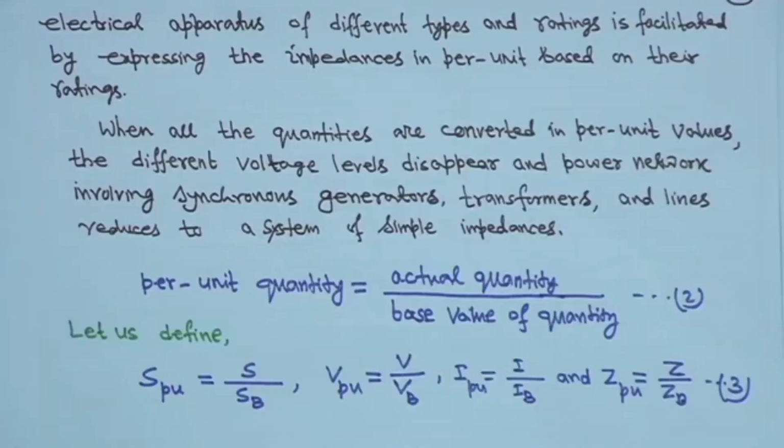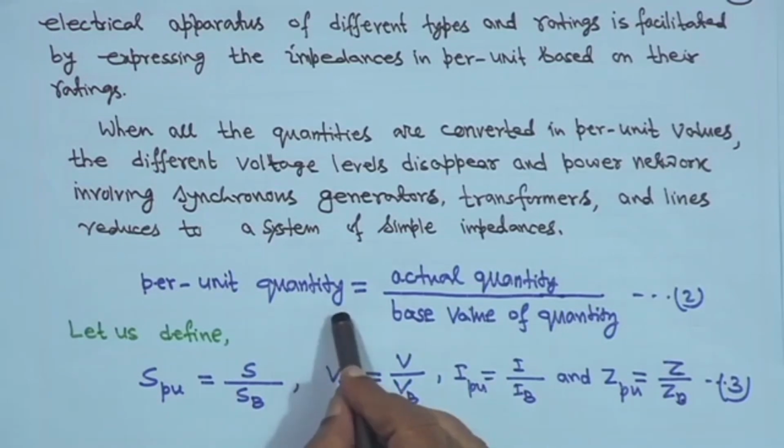Then we will come to the downstream, the distribution system. So, instead of mentioning all these voltage levels, if you choose an appropriate base and all the voltages accordingly are transformed, then the different voltage levels in your circuit diagram will disappear. This is a major advantage, right. So, all these things can be represented by simple impedances, right.